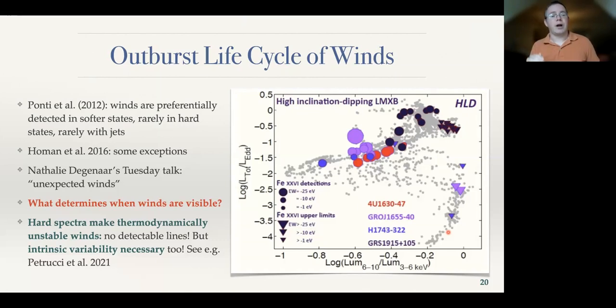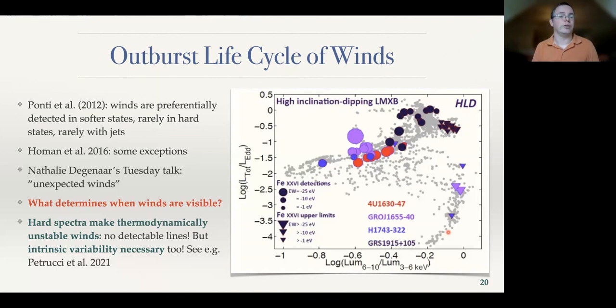But another consequence of this paper is that even if you wouldn't have seen anything in a hard state, in order to get the absorption that we're seeing in softer states, you still require changes in the ionized gas. You don't have a static wind.